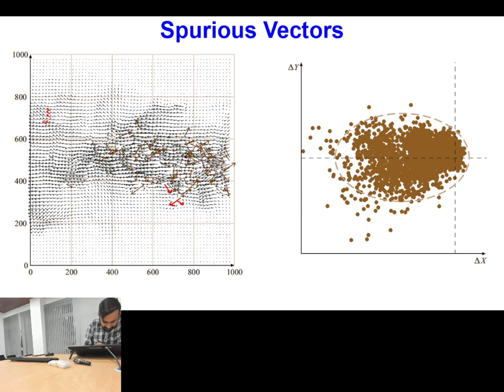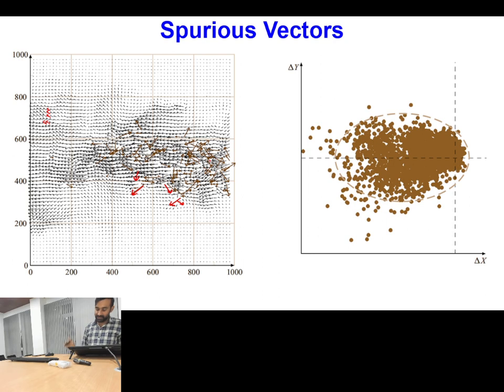What are these? If you see, these appear completely different from their surroundings. The surrounding flow field is oriented in one particular direction, and these have slightly higher magnitude in comparison to their surrounding local velocity field, and even their directions are arbitrary in comparison to the surrounding local velocity field. So these are typically called spurious velocity vectors. Okay.